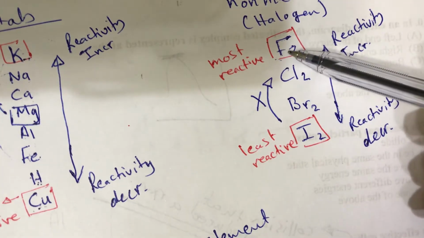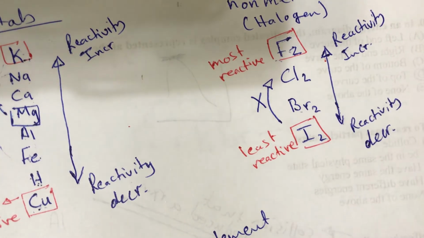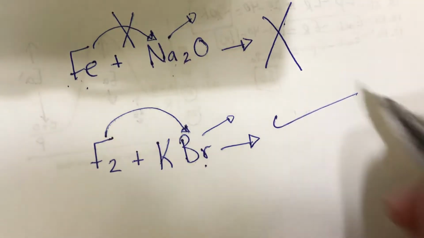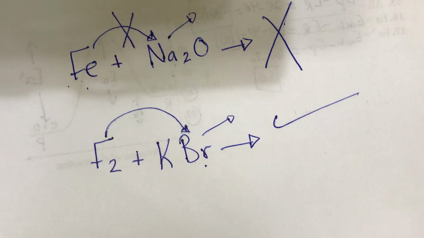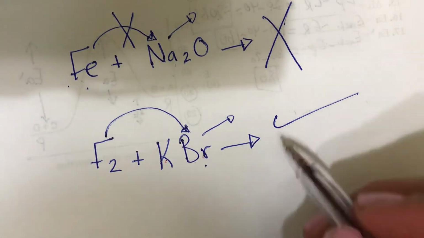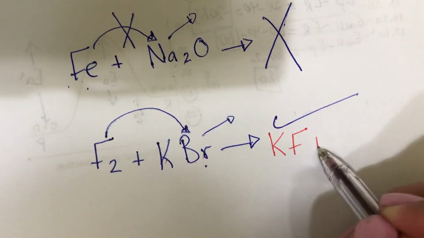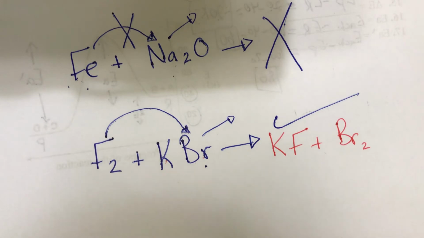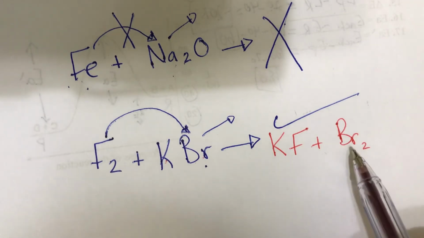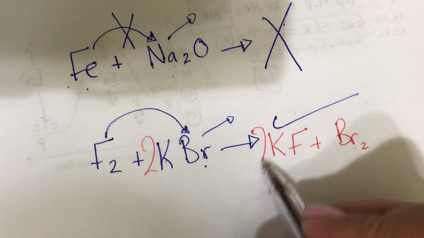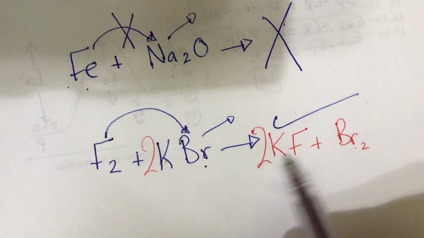Yes, fluorine is more reactive than bromine, so it can replace bromine. So this reaction occurs, and the products are, instead of potassium bromide, potassium fluoride and bromine. Then you have to balance the equation: 2 potassium and 2 potassium, 2 fluorine and 2 fluorine.